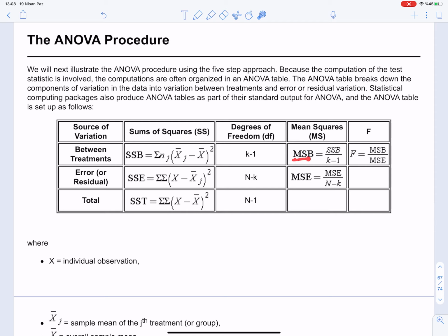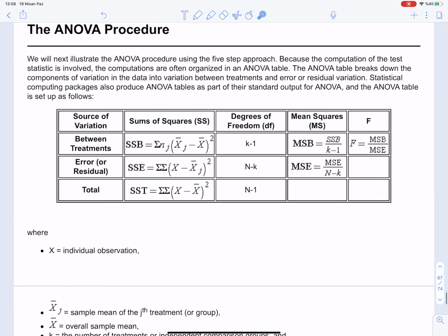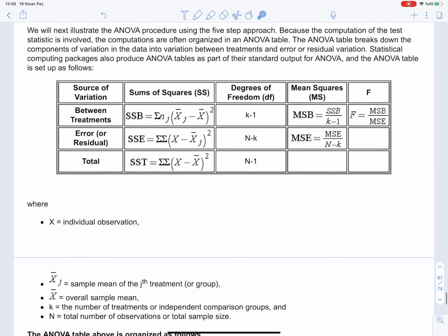The mean square between, we call it mean square treatment, so it has the same meaning. This is the mean square error, so it is the same. The F statistic is the mean square between divided by the mean square error. Okay, this is very similar.